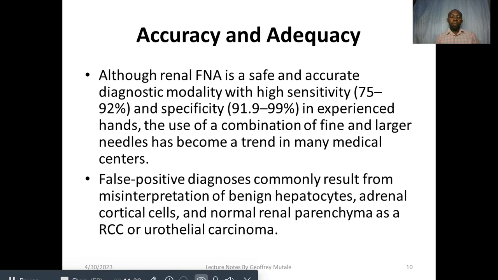So false positive diagnosis commonly results from misinterpretation of benign hepatocytes, adrenocortical cells, and normal renal parenchyma, as well as renal cell carcinomas or urothelial carcinomas.